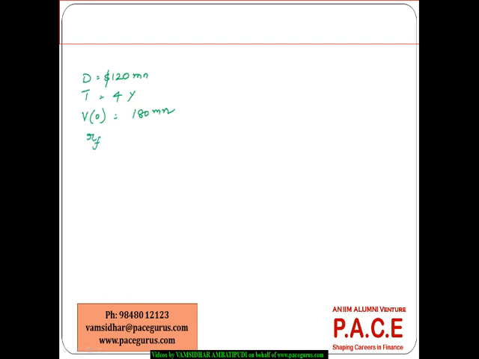At present, the continuously compounded risk-free rate of return is 2%, and the credit spread at this moment, let's say, is 4.5%.